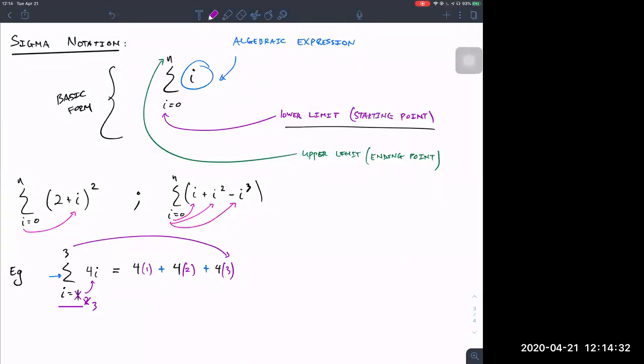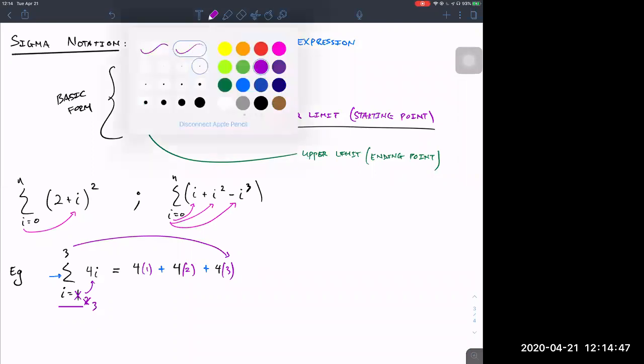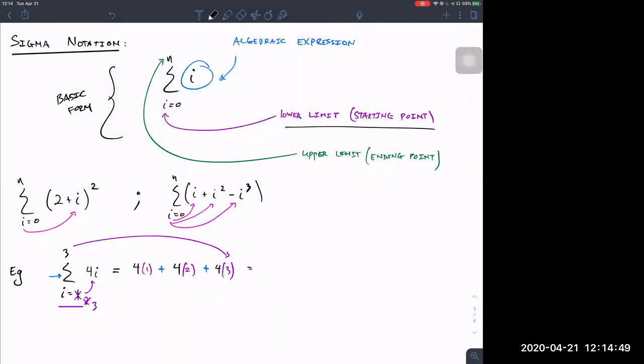Only after you finish substituting in, which is what most mathematicians show, then you calculate, because you don't want to do any minor calculations in between and accidentally plug in the wrong number or multiply a wrong number or whatever. So once we get to this point, then you can actually do the math, right? 4 times 1 is 4, plus 4 times 2 is 8, plus 4 times 3 is 12.